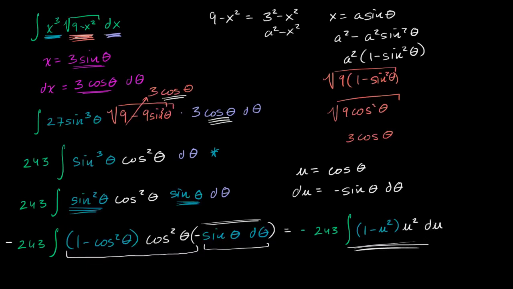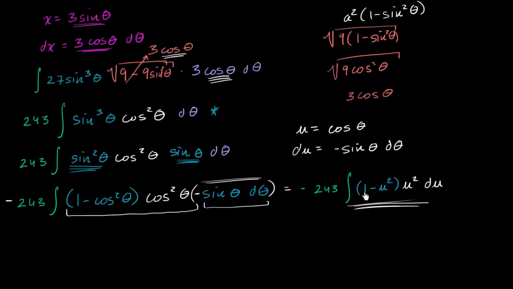We can just multiply our u squared out, so this is equal to negative 243 times the indefinite integral of u squared minus u to the fourth du. I'm just distributing the u squared.